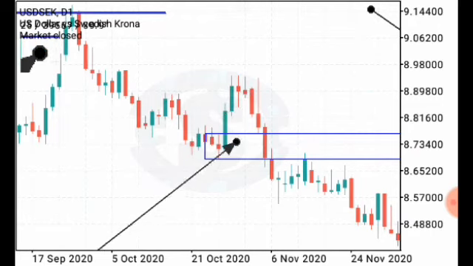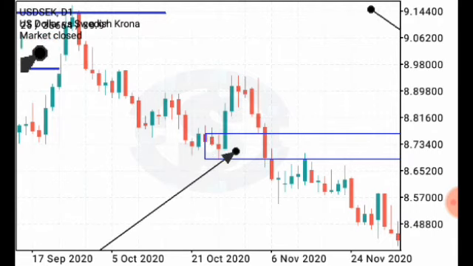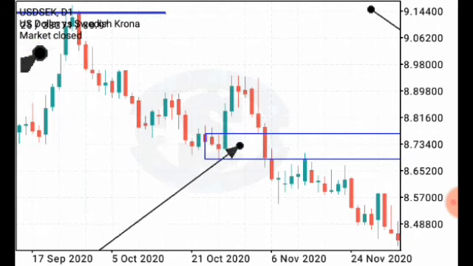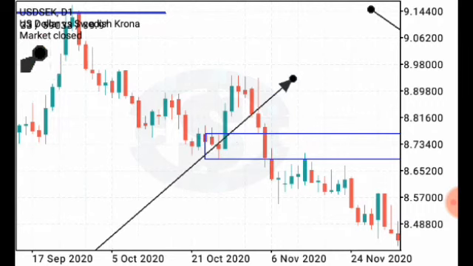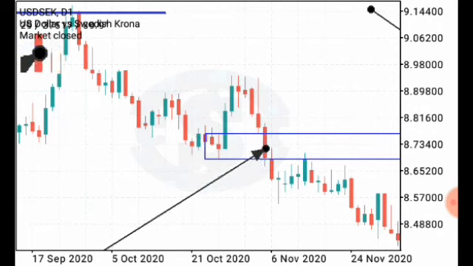Now price drops down. So we see that this demand took out liquidity, and when price returns to the point of origin where we should be expecting reversal, like a push up in price, where price is supposed to react from this level to the upside again, but we didn't see that. So it becomes a failed level.